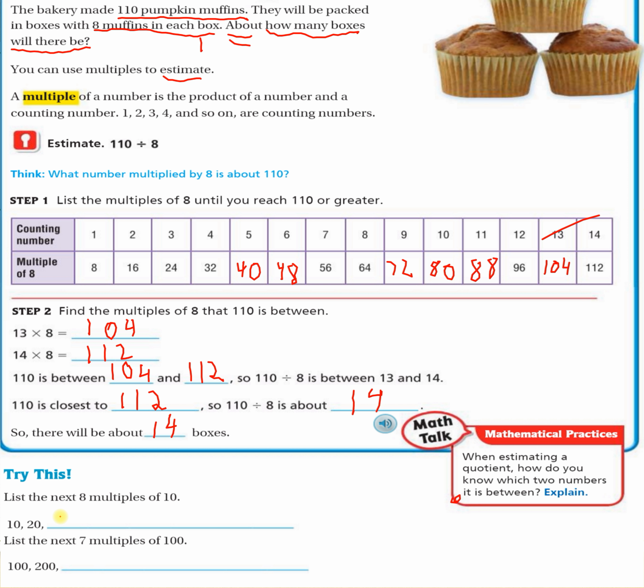Okay. Now I want you to go ahead and try this on your own. You can pause the video and try to write in these multiples. If you took some initiative, you might have already done so. List the next 8 multiples of 10. The next 8. So these first 2 don't count.